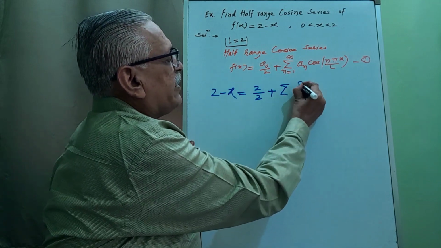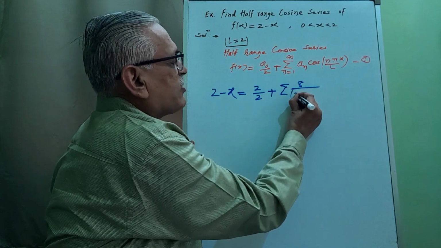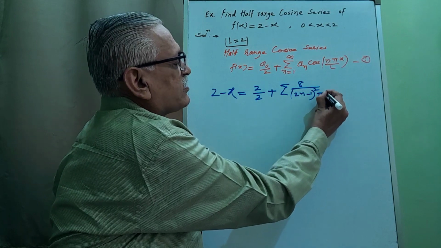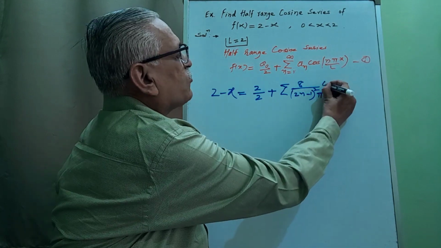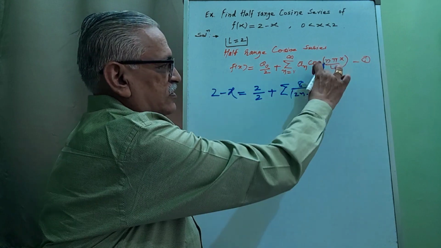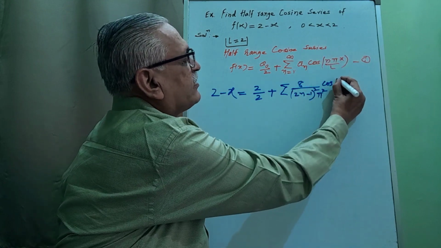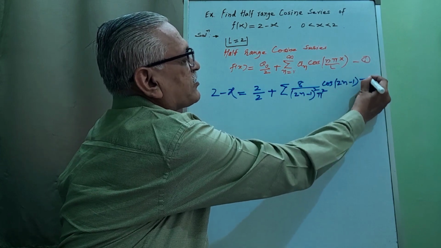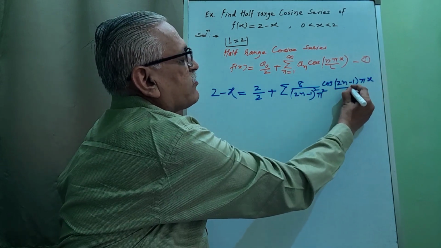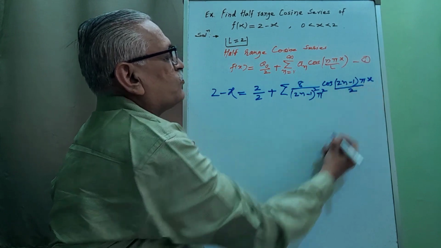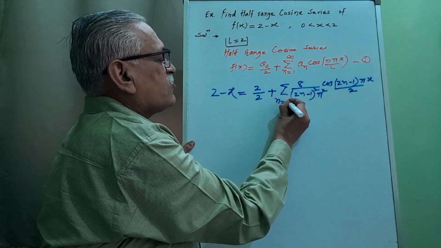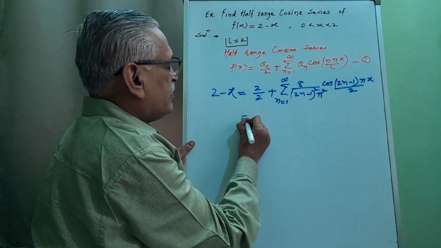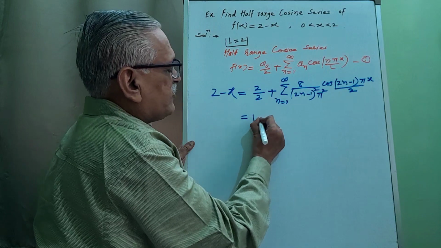It becomes 8 divided by 2n minus 1 whole square pi square into cos of 2n minus 1 times pi x divided by 2, n changes from 1 to infinity, and 2 by 2 is 1.